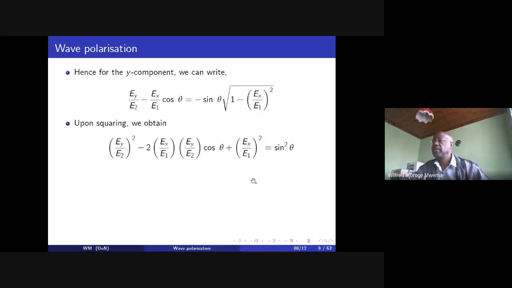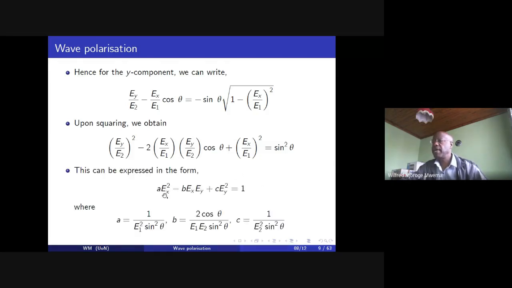So this equation is usually expressed in the form A of Ex squared minus B of Ex and Ey plus C Ey squared equal to unity, where the A, B, C are defined as shown. And this equation is an equation of an ellipse.